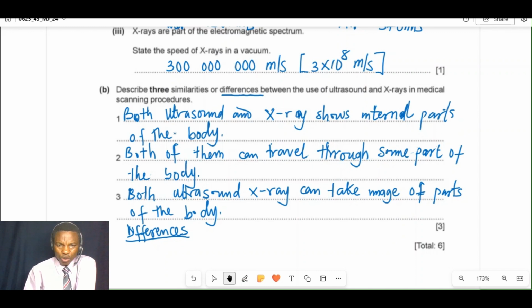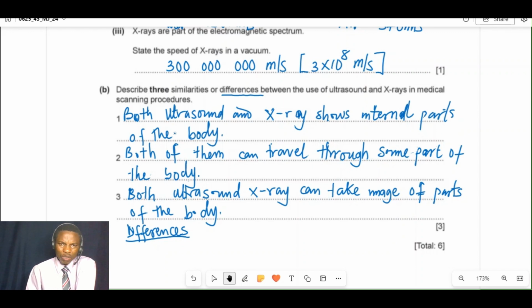X-ray travels straight through the body, while ultrasound shows reflection of sound by the boundary between soft tissues of the body. X-ray can penetrate the muscles but is absorbed by the bone, but ultrasound can only be reflected.